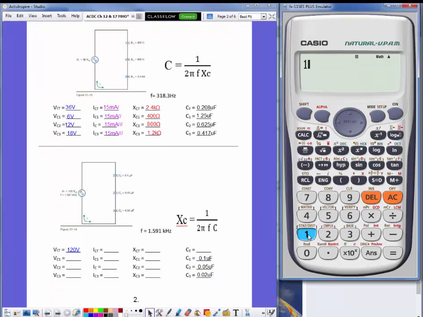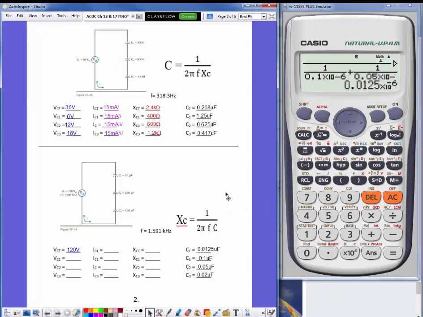So that is done this way: 1 over under 1 over under 0.1 times 10 to the negative 6, scroll over, plus 1 over under 0.05 times 10 to the negative 6, scroll over, plus 1 over under 0.02 times 10 to the negative 6, giving me a total capacitance of, shift engineering, 0.0125 microfarads. Remember, all these answers have to be in micro, all capacitance answers.